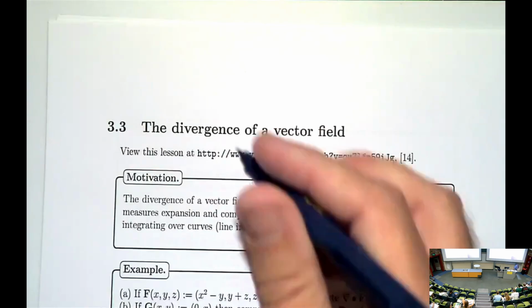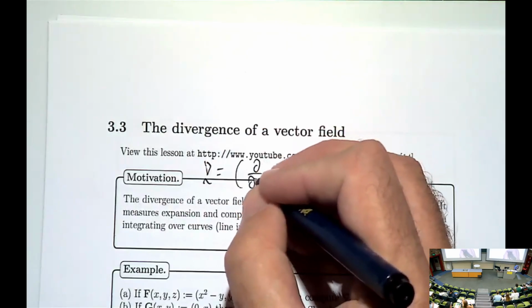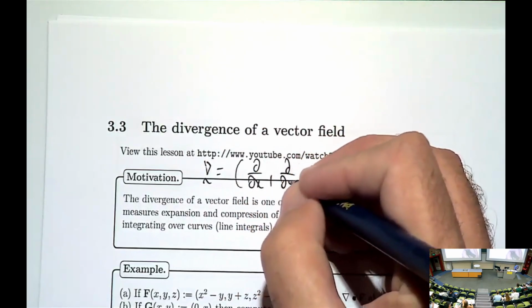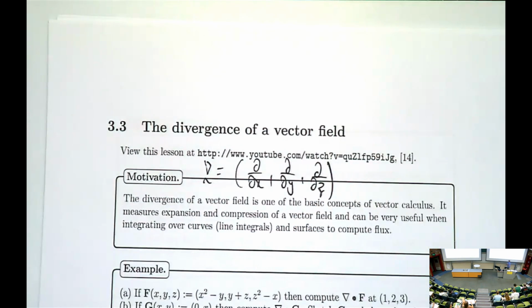So let's just remind ourselves, this operator is defined in the following way. Now, divergence is a bit of a strange word. It sort of means, I guess, in a loose sense, to move away, to diverge from something, right? But the way I think of it is called spread.